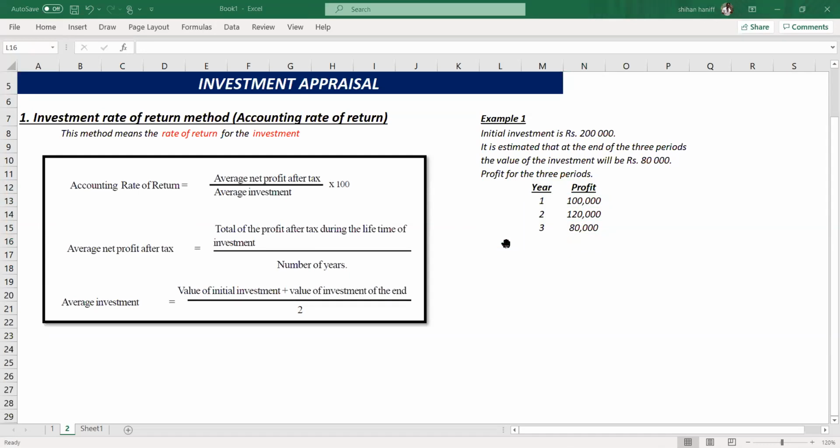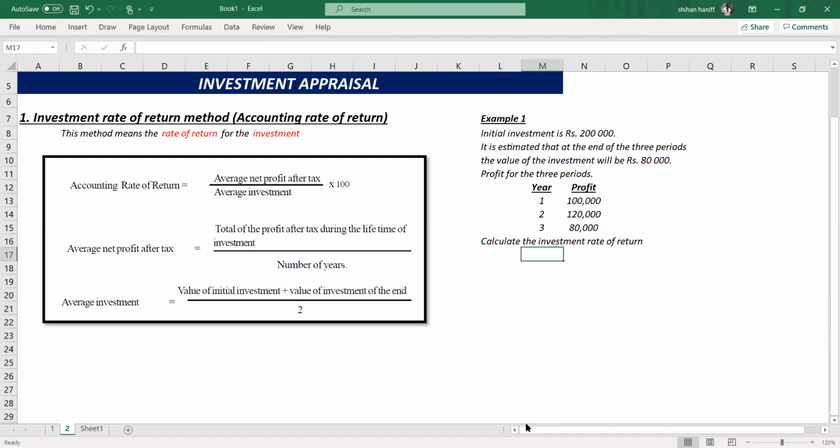Calculate the investment rate of return, the accounting rate of return. Example. So I'll give 3 minutes.